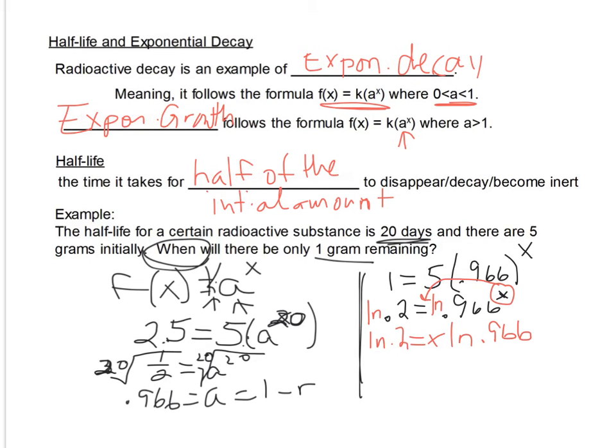Okay, so then I've got this equation, and now to get the x by itself, just divide both sides by natural log of 0.966. In other words, these cancel, and you get x equals the natural log of 0.2 over the natural log of 0.966, and you can do that right in your calculator.